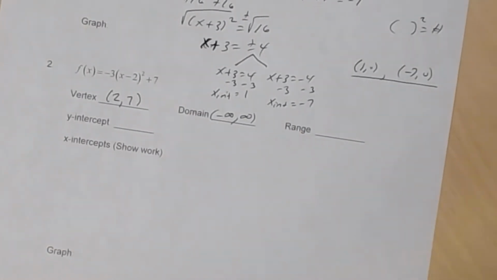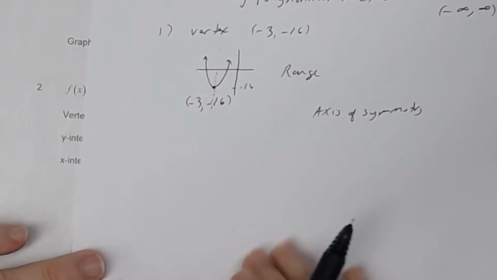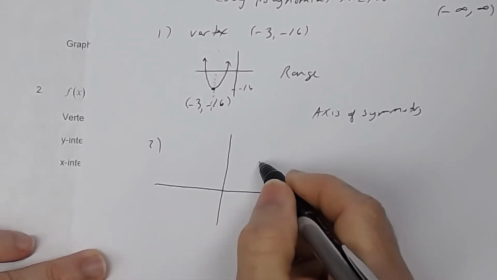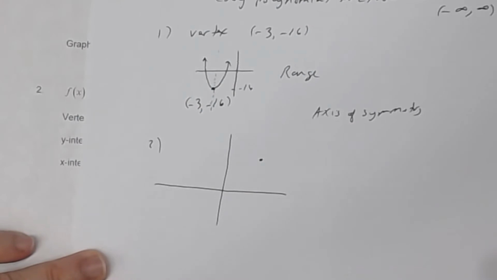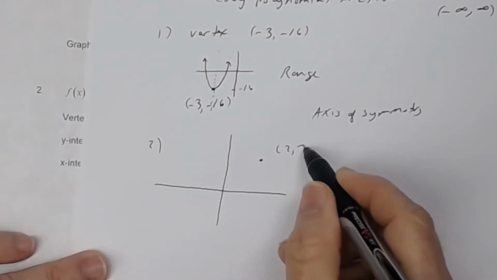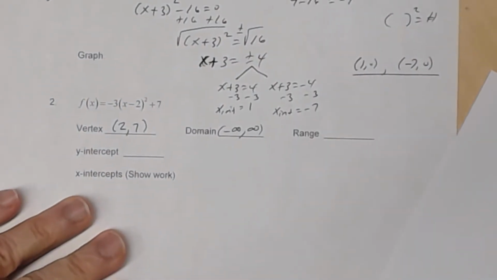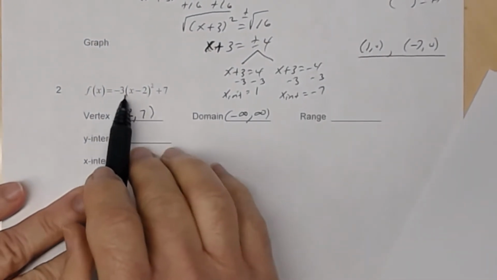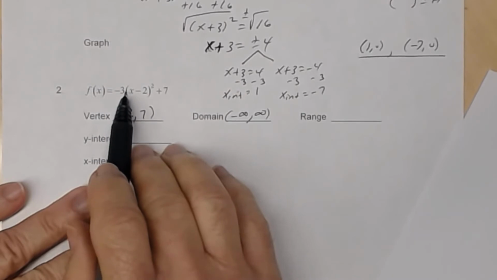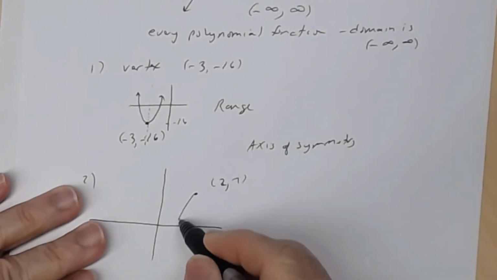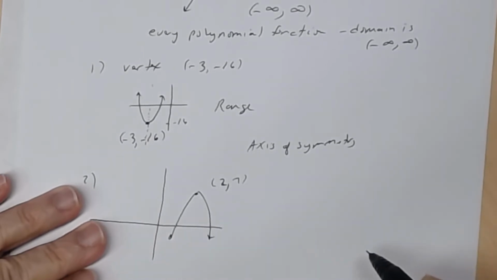The vertex is 2, positive 7, so that is in quadrant 1. And since a is negative, we know the parabola is going to open down.